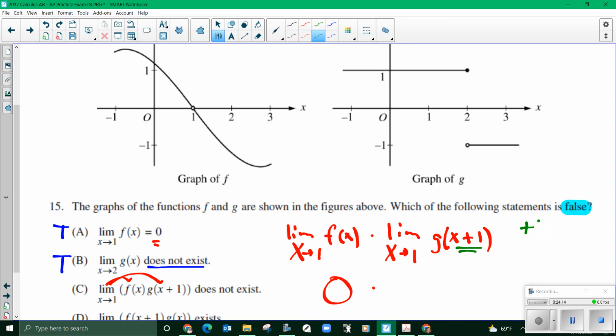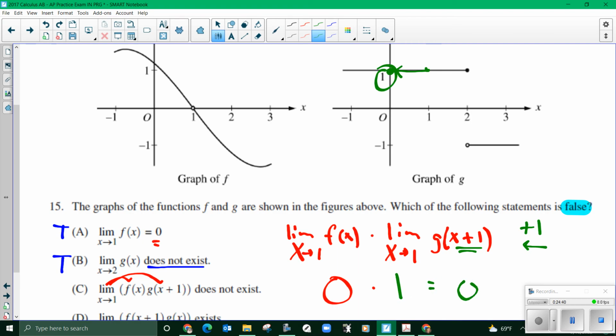If I'm adding 1, that means I'm moving to the left 1. Here's 1, I'm moving to the left 1. I was here as x approaches 1, but I'm going to move left 1, so let's take the limit here, and that's still a y value of 1.